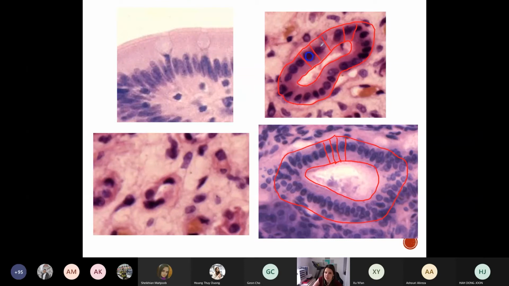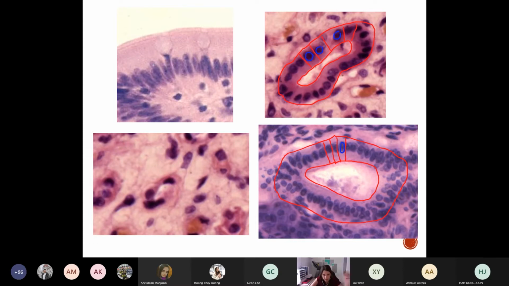If you see round nuclei, then most probably you are looking at a cuboidal cell. If the nuclei are a little bit more elongated, then these would be columnar cells.